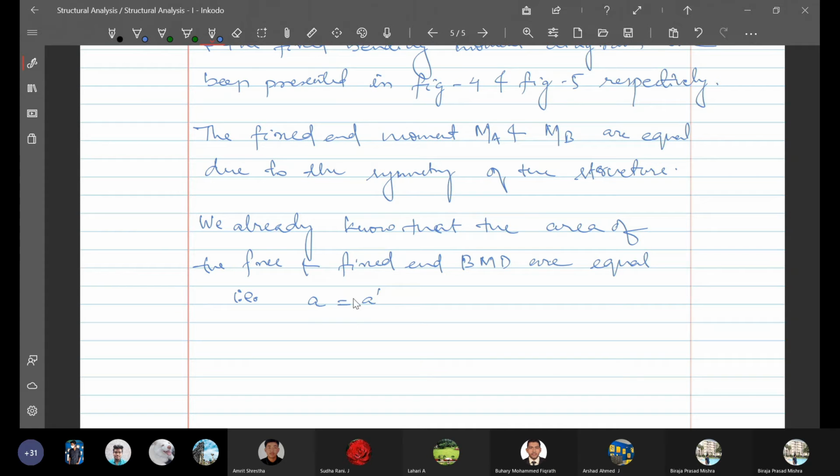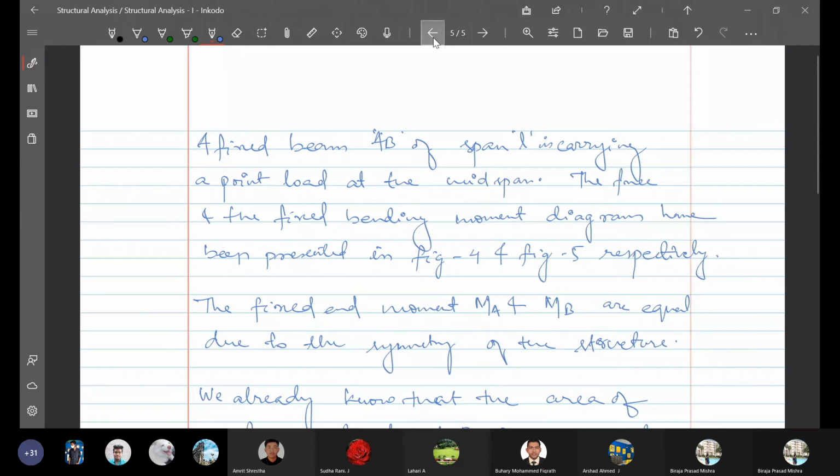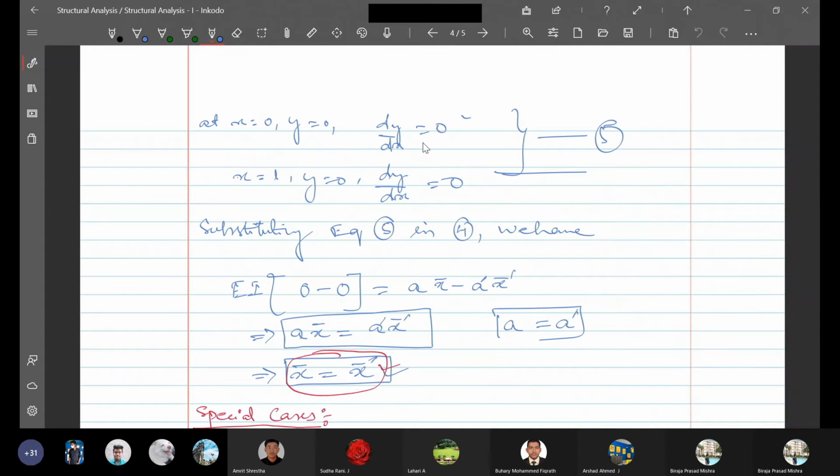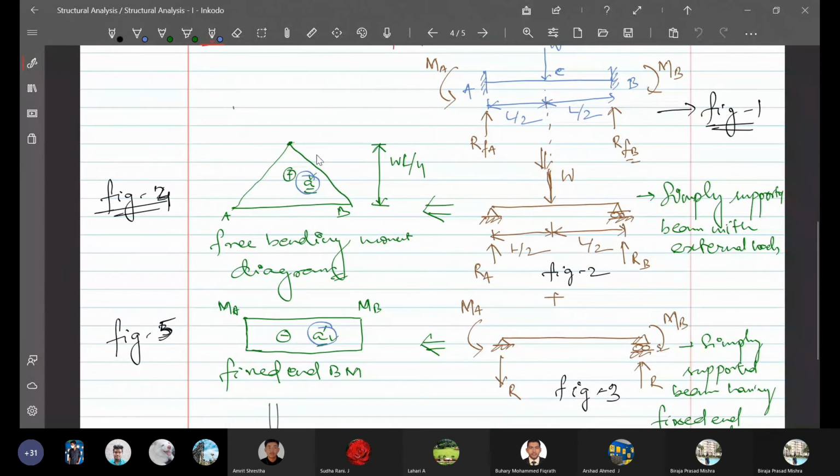If A equals A dash, then tell me what will be the value of A, the area of the free bending moment diagram? This will be a triangle, so it is half base into height.